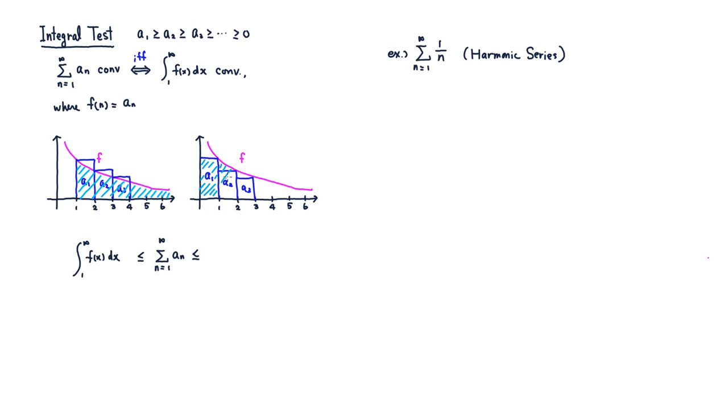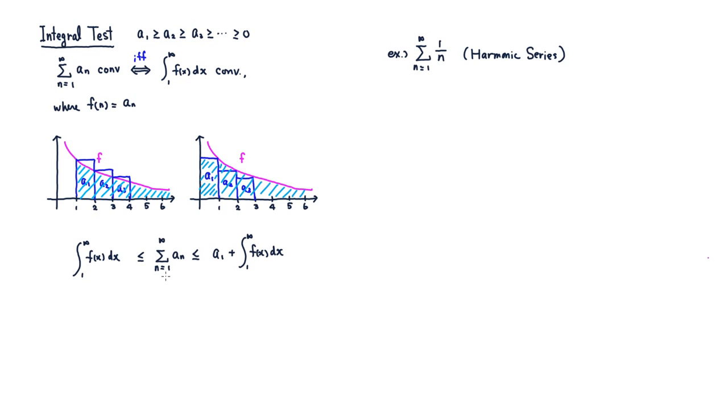So we keep a_1 along with the area of the region from 1 to infinity, the integral of f(x) dx. You can see that a_1 plus the integral is going to cover a little bit more. There's a little extra here and a little extra there. So this is going to be larger than or equal to the series.